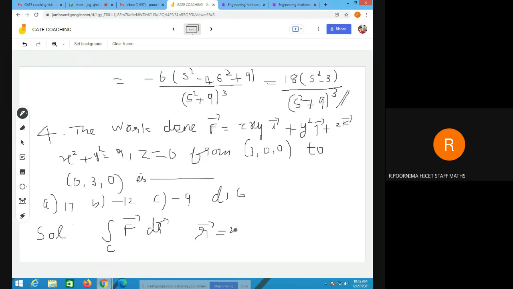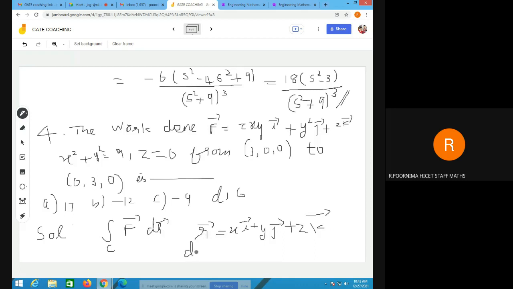It is always defined as x into i vector plus y into j vector plus z into k vector. This is called the position vector. Why are we defining this? In the formula we have dr bar. If we find the position vector, then only we can differentiate, because dr bar is the derivative term.